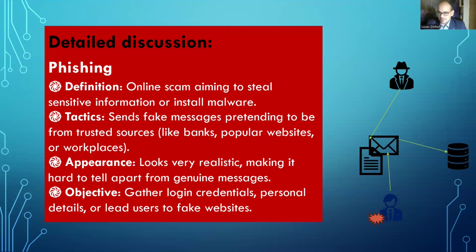The tricky and dangerous part is that it looks very realistic, making it sometimes hard to detect and also hard to tell apart from a genuine message. The objective behind it is to gather login credentials, personal details, or lead users to fake websites, for example.